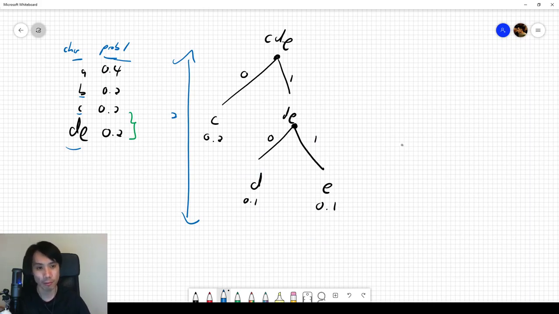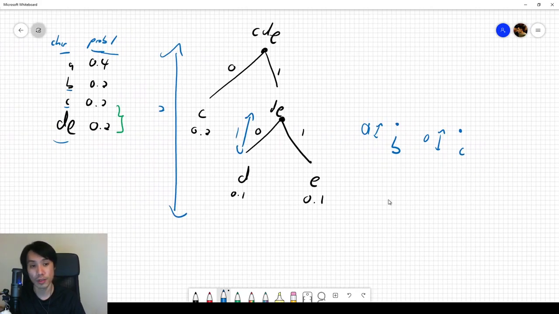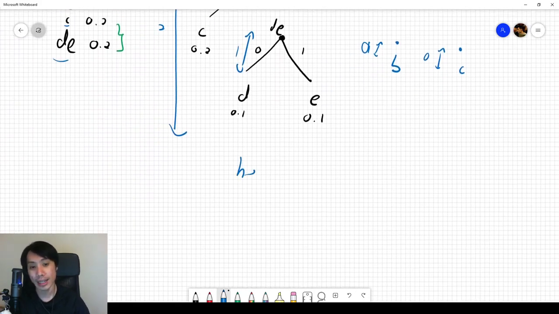Here will be B and here will be C. Here has a height of 1, here a height of 0, here also a height of 0. Does that mean I need another variable to keep track of the height? For example, DE has a height of 1. Do I need to maintain a variable? The answer is no, because you know height equals log of n, because it is a binary tree.